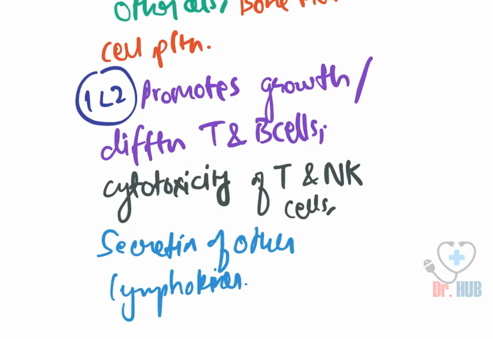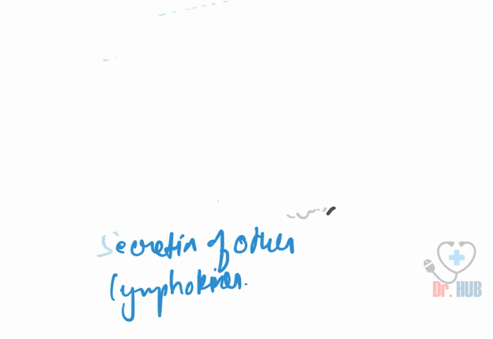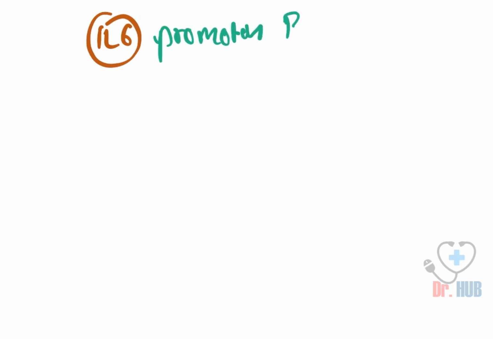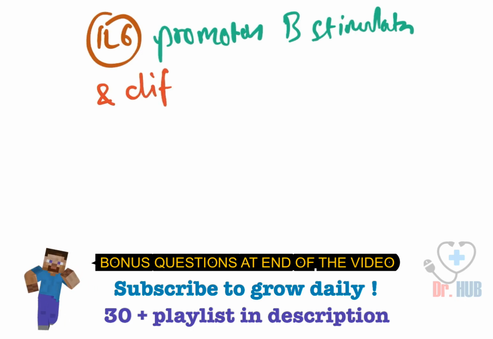Next, we look at IL-6. What is IL-6? IL-6 promotes the B stimulation, and after promoting the B stimulation, it helps in the differentiation, and it acts as a mediator.